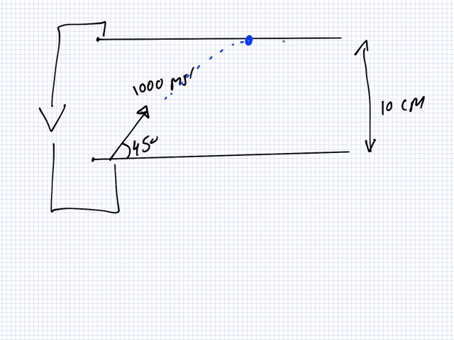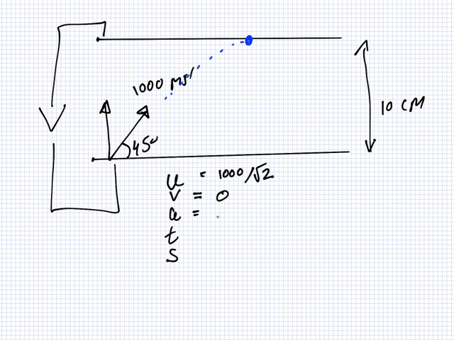Okay, so we need to look at this as a UVATS problem in the vertical direction. What's the U? 1000 sine 45, which is 1 over root 2. The V we do. It's 0.